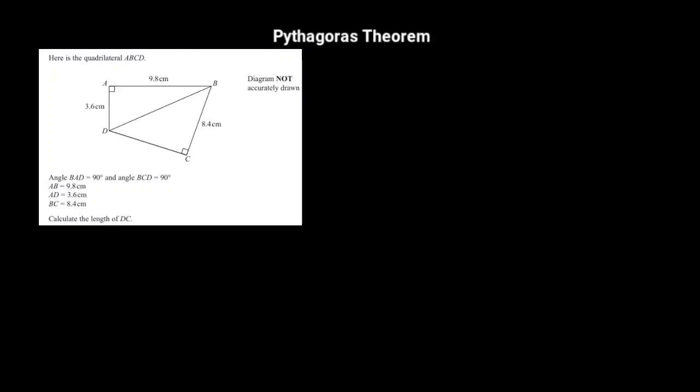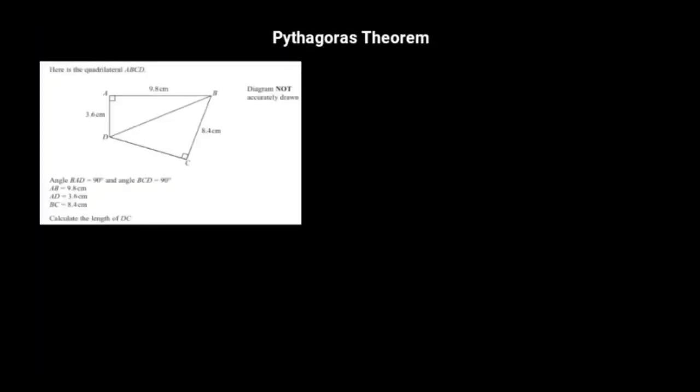And we're asked to calculate the length of DC. Therefore, our unknown DC, we label it as X. We would first need to extract our two triangles in order to find the first value of BD because we don't have a length for that, and then we'll find our DC.